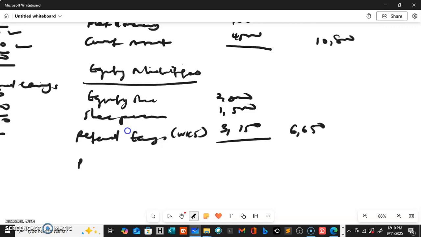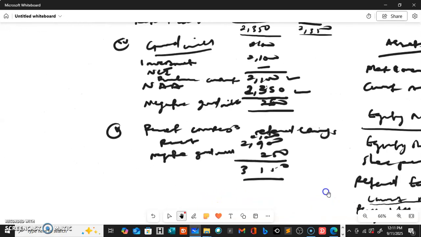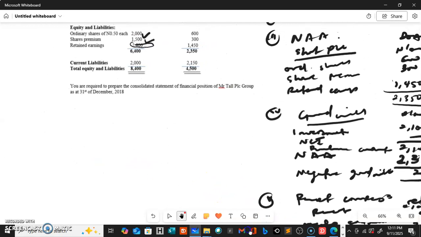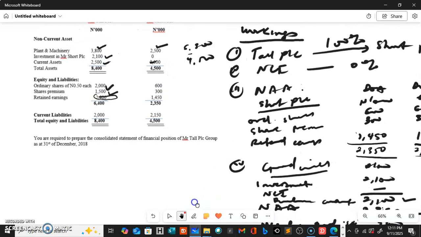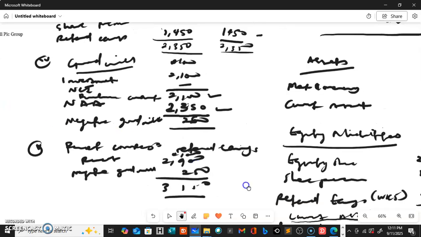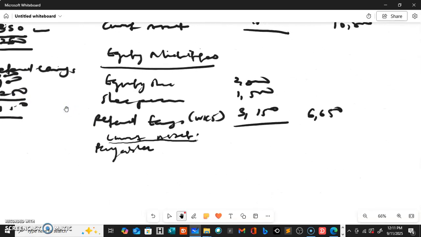This is a current asset. So we say payables. Sorry, I said current asset, it is current liabilities, please pardon me for that.